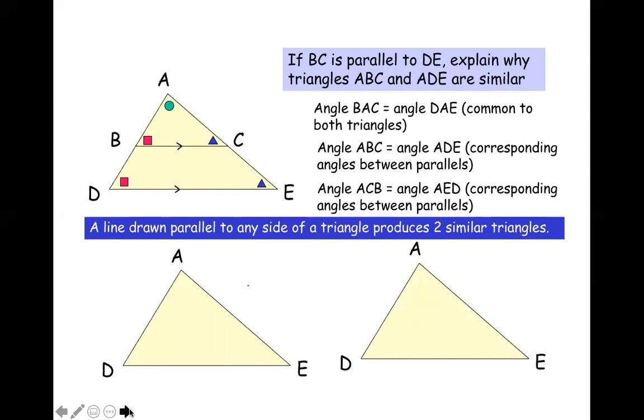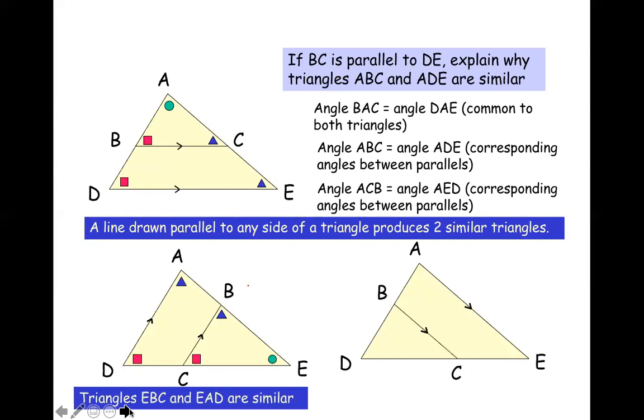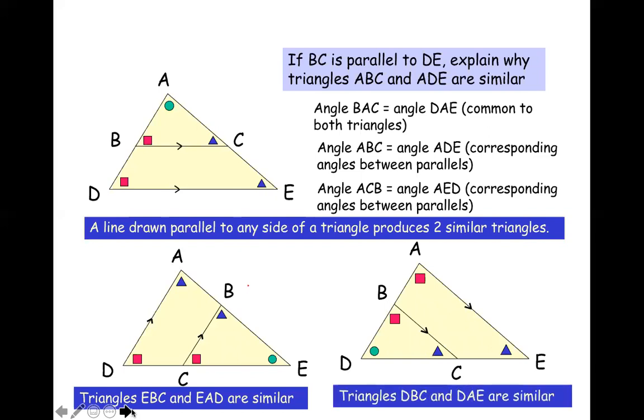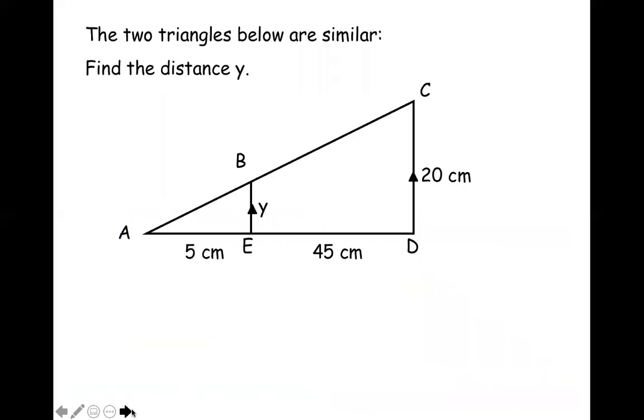So I've got DAE. Again, if I draw those, you'll see that they are similar. And if I draw these two triangles again, you'll see they are similar triangles. Okay, so you can see how they build it up.